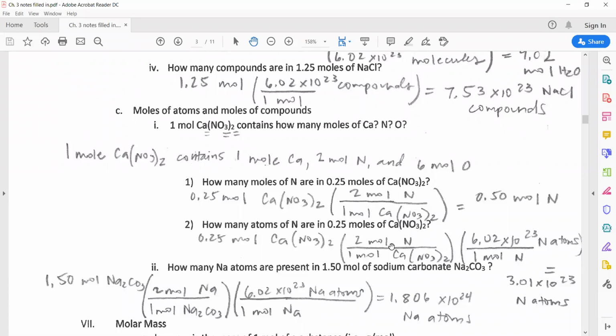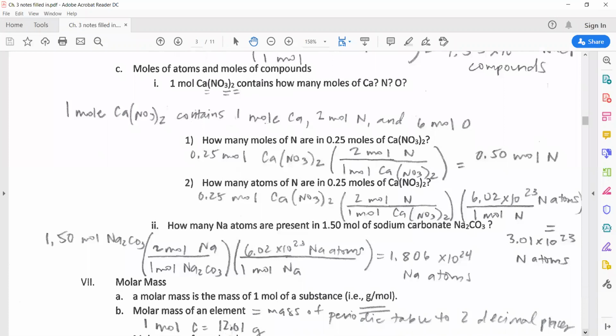I just wrote it again. Now that we're in moles of nitrogen, we can get to nitrogen atoms. So we bring moles down to the bottom, and we get 6.02 times 10 to the 23rd atoms up here. And then we multiply by all the tops, divide by the bottoms, and we're in atoms. So make sure the moles of the compound cancel. Moles of the atom cancels, and we're left with just nitrogen atoms.